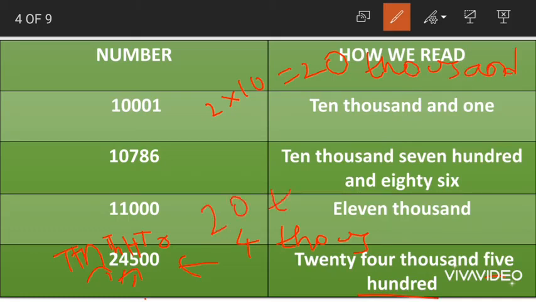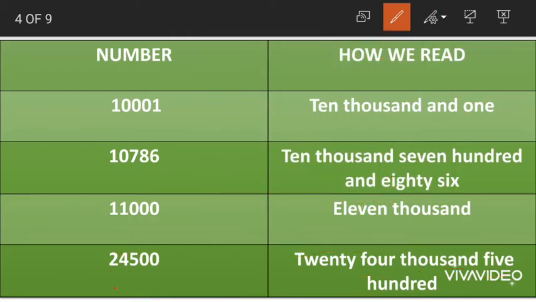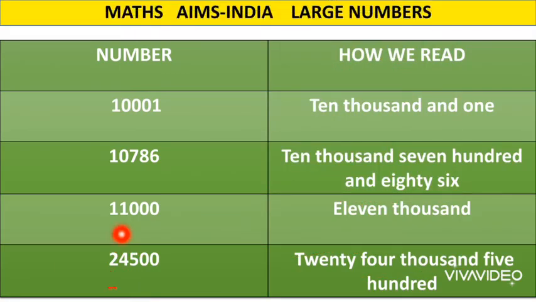We have 20,000 and then we have the 4,000. How will we read this together? We will read this as 24,000 and then we have our 500. 24,500.